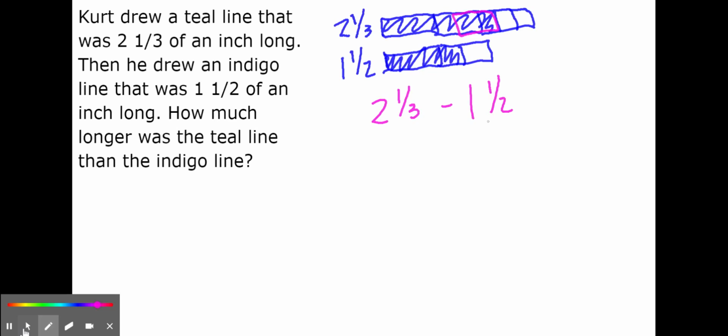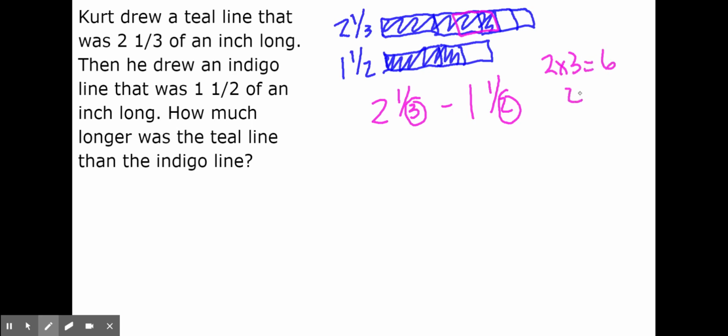Okay. Our least common denominator. Let's go 2 and 3. We could list multiples, but these are prime. So 2 times 3 is equal to 6. That's our least common denominator. Remember, when you have prime denominators, you can just multiply them together.